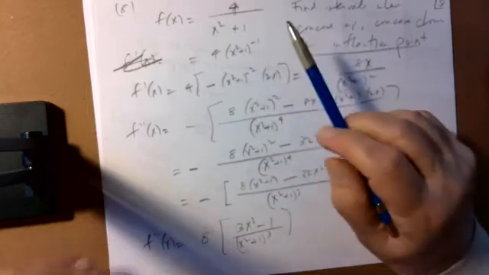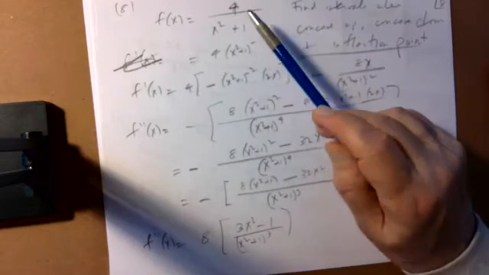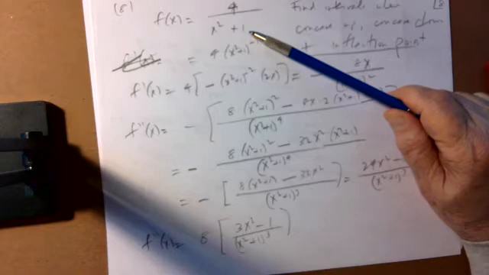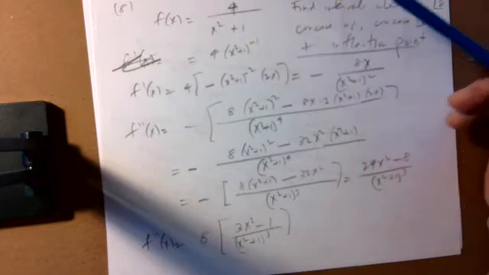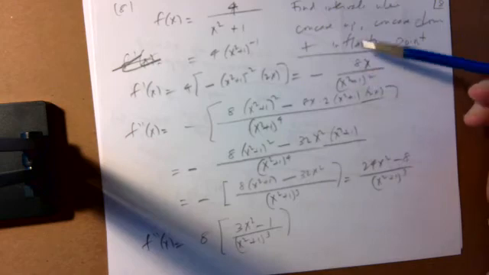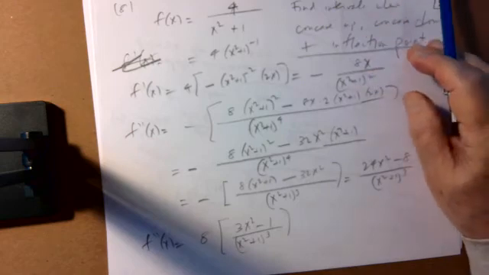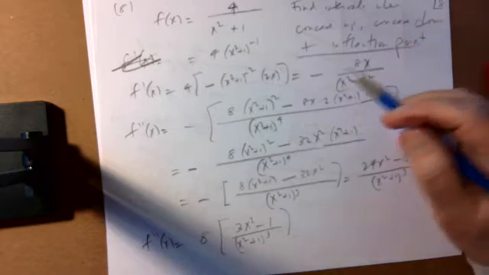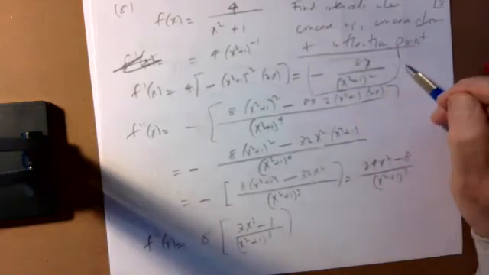So let me check to see if I've done this correctly. I have the function 4 over x squared plus 1. When I differentiate it, I get something over x squared plus 1 squared, and it is minus 8x. So this is the first derivative.